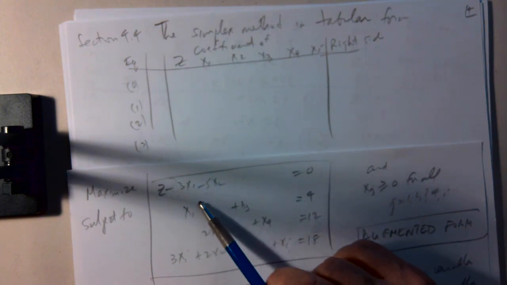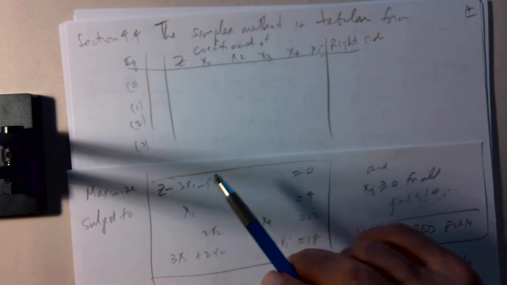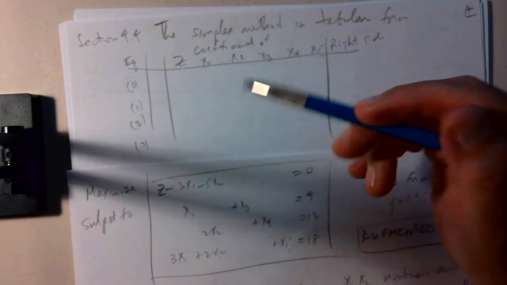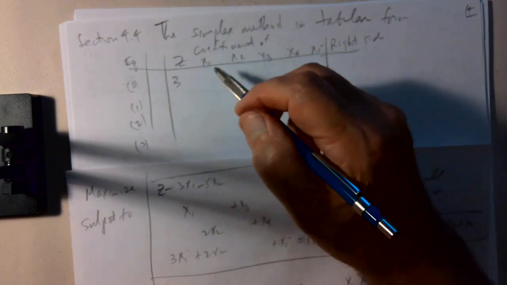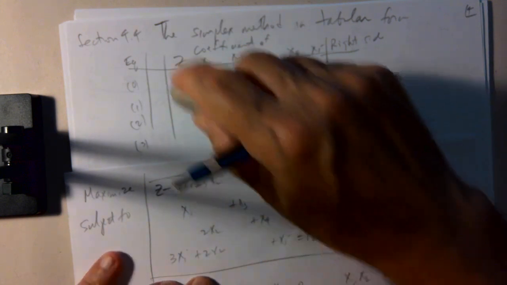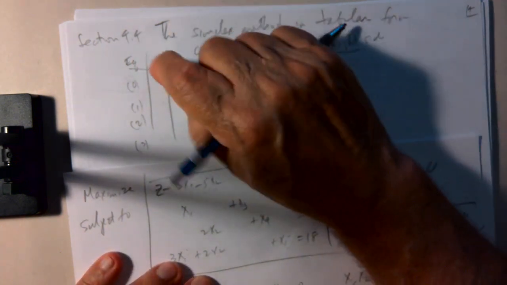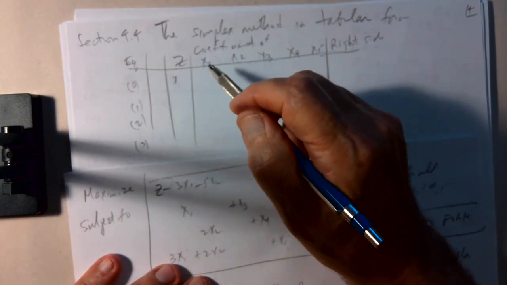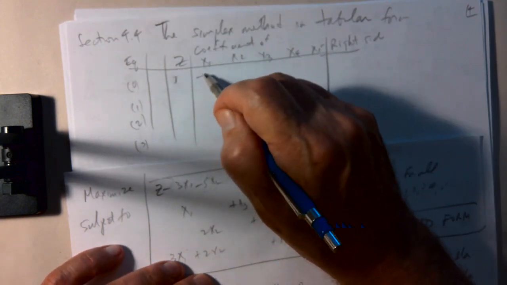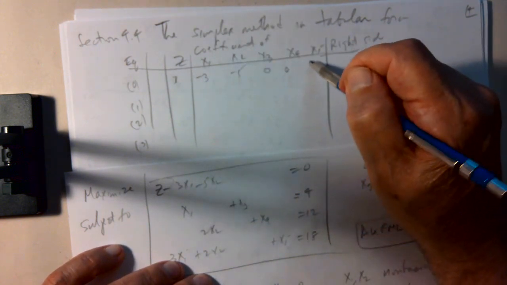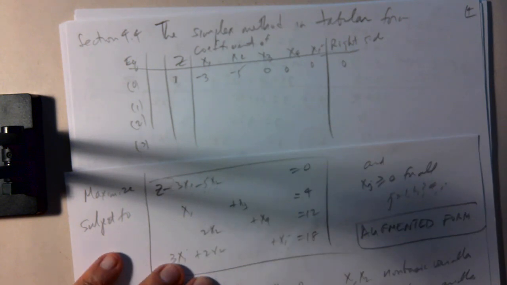So for example, z minus 3x1 minus 5x2, this is 1 times z. Make z of this one, 1 times z, minus 3, minus 5, 0, 0, 0 equals 0.